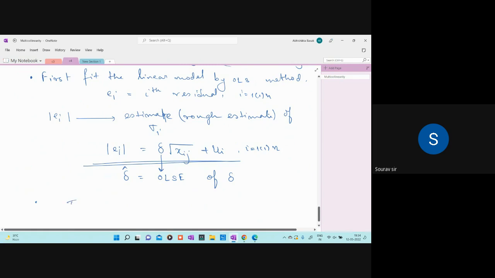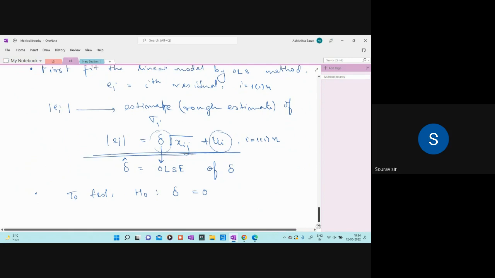My next step will be to test H naught, whether delta is equal to 0 or not. The error component is not our concern. If delta is 0, then this relation won't hold, and if delta is not 0, this relation will hold.